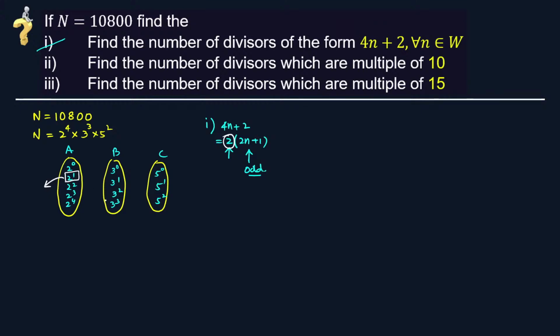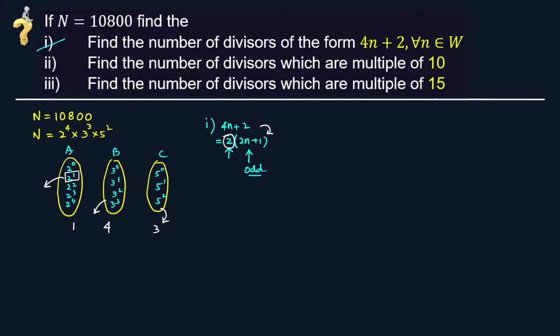From the others there is no restriction. Anything from these 4 elements can come. From this set also any one of these 3 elements can come. And from the first set only one element will come, which will be of the form 4n plus 2. Are you getting my point? Because 4n plus 2 is of the form 2 times 2n plus 1, so I need actually 1 two.